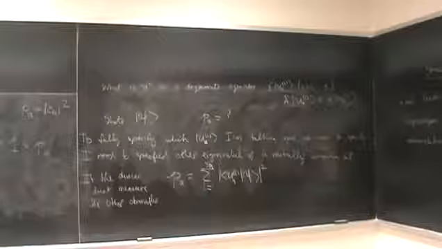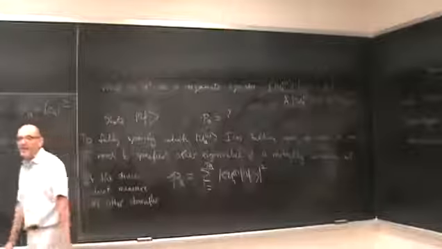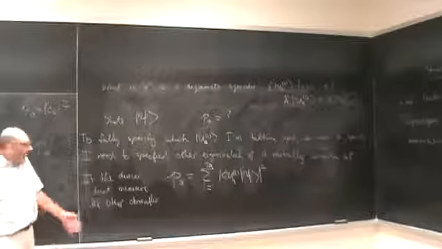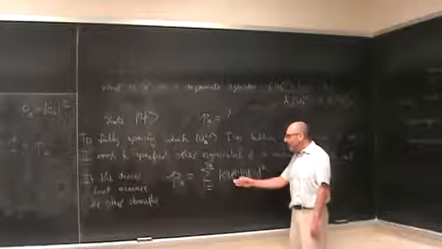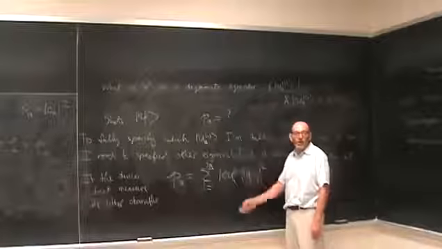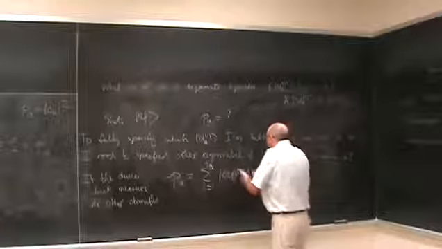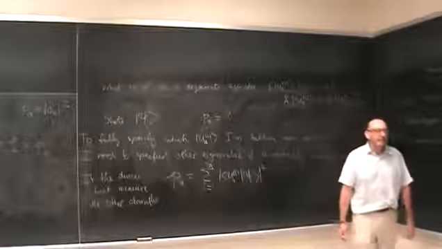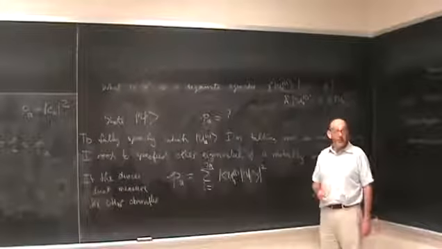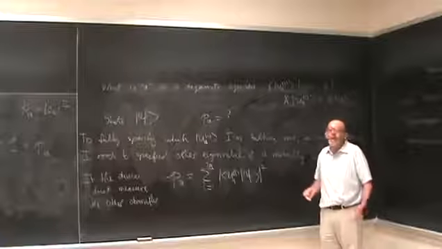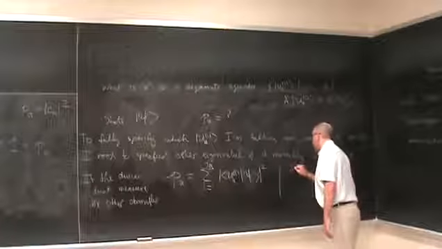If I have a device which measures the magnitude of the angular momentum but doesn't tell me what direction the angular momentum was in, then I have to sum over the probabilities of all the states, all the LMs with the same L, but all the possible M's. Right? Because I add the probabilities because those different alternatives are in principle distinguishable, but I don't know which one happened. Okay?